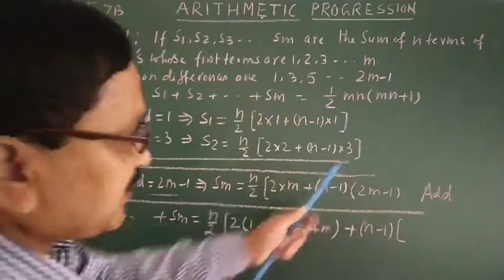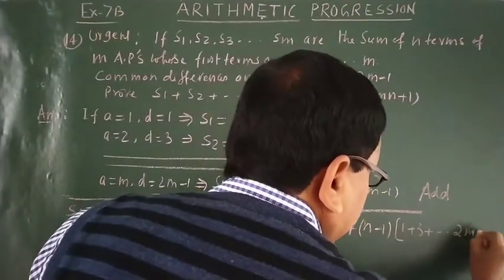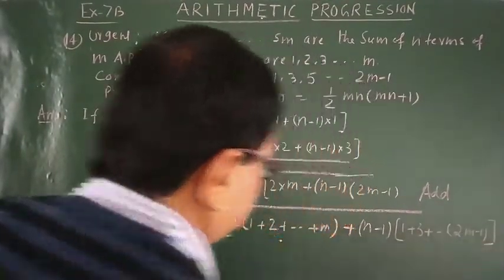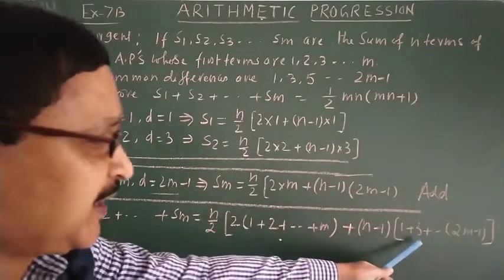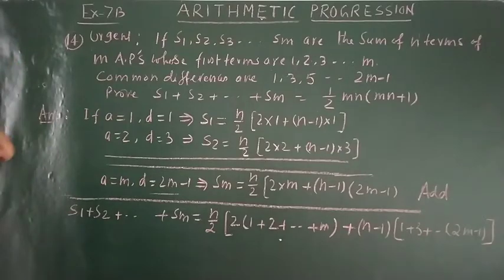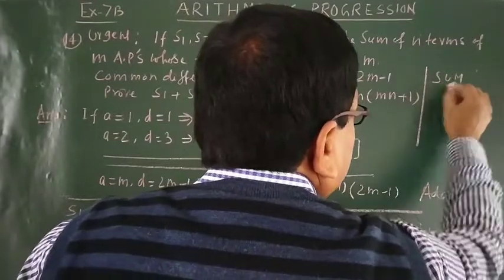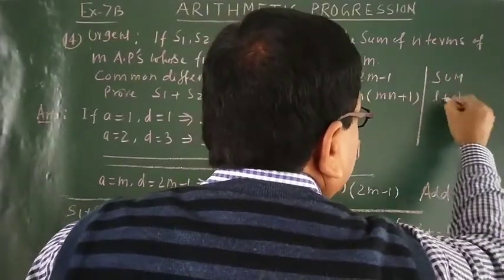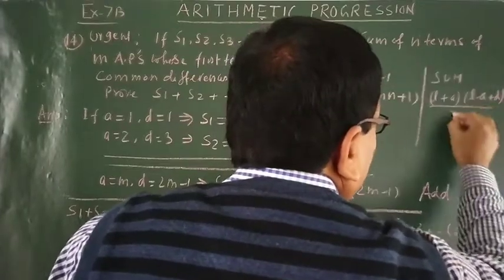After that, (1 plus 3 plus ... plus (2m minus 1)). The last term is this. Now we have to find out the sum of this. Both are in AP, so you know how to find the sum. I have told you how to find the sum by the fastest formula: sum is equal to (L plus A)(L minus A plus D) by 2D.